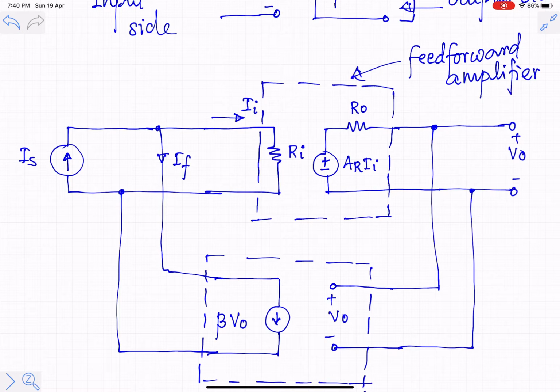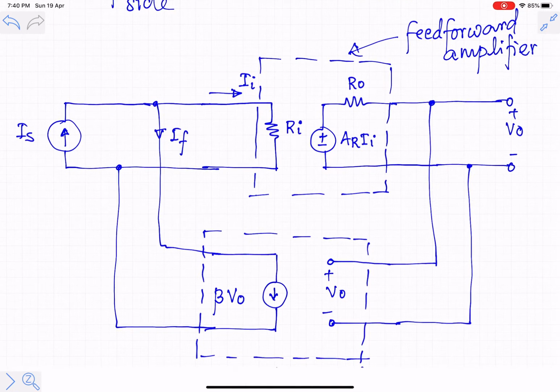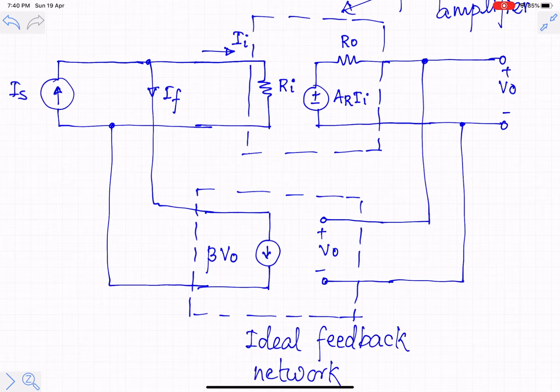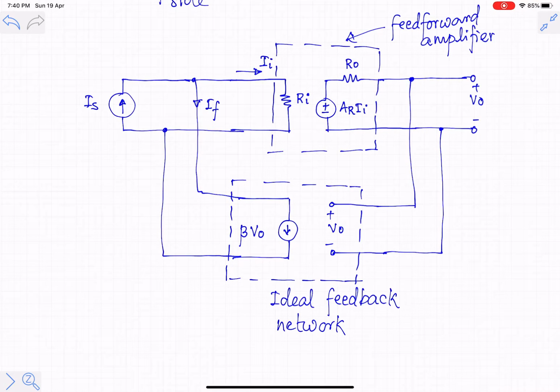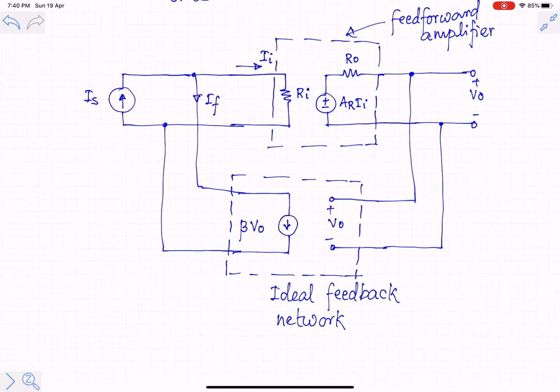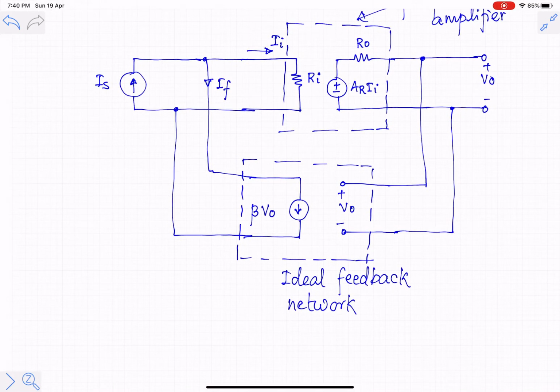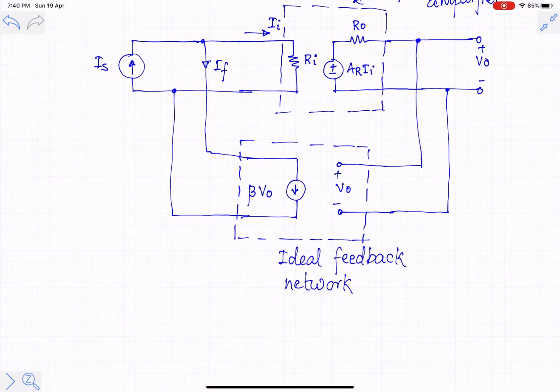So unit of gain is that of the resistance for a feed forward amplifier. For a feedback network it is that of the conductance. So this is the transimpedance amplifier without loading effect. And it includes the feedback network, which is ideal.